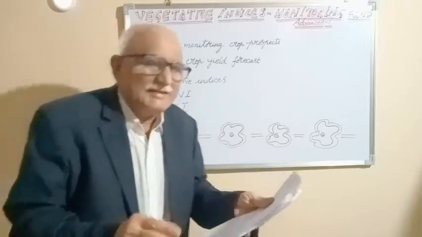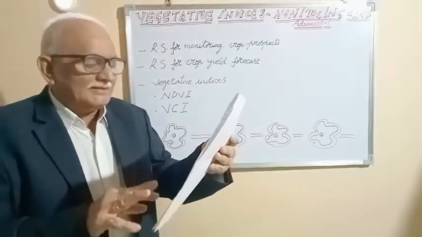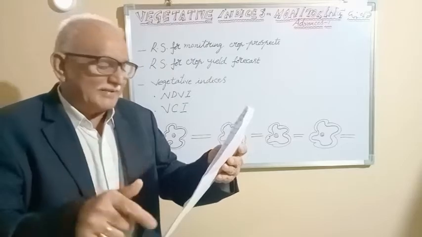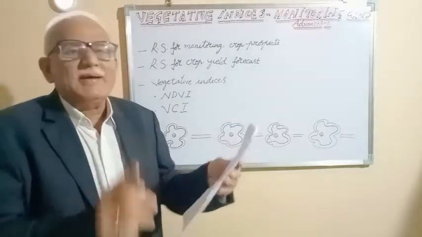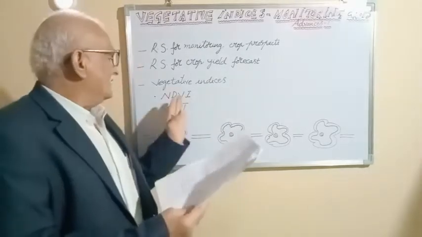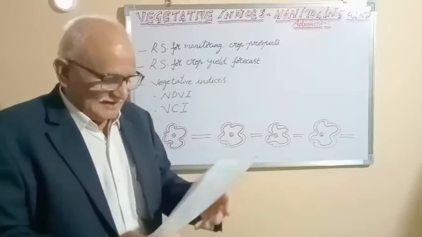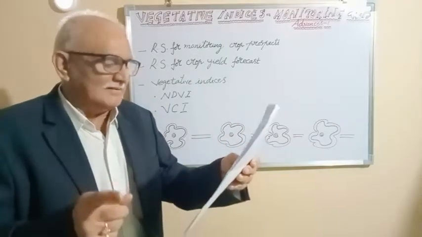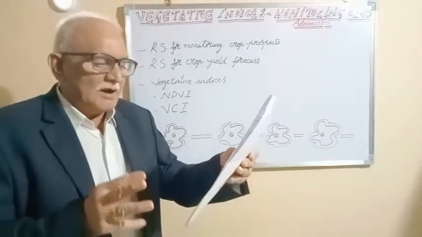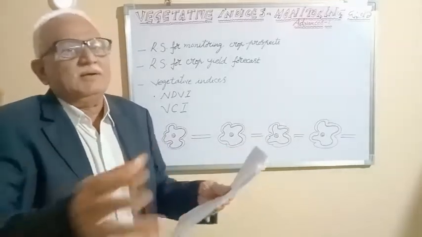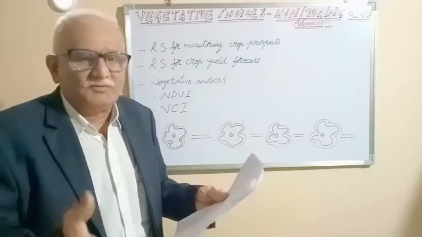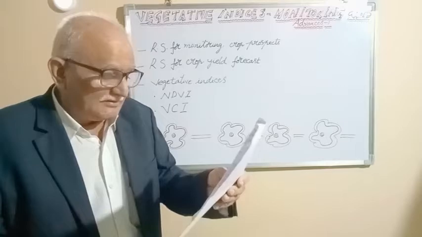Now, what is VCI? VCI is indices current minus indices minimum, by indices maximum minus indices minimum. Vegetation condition index has proved to be very successful under Asian conditions. It has given wonderful results particularly for rice.